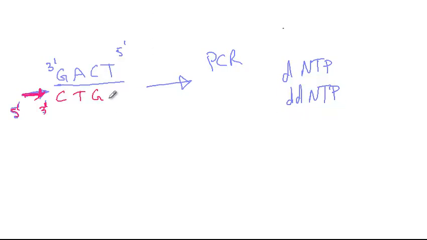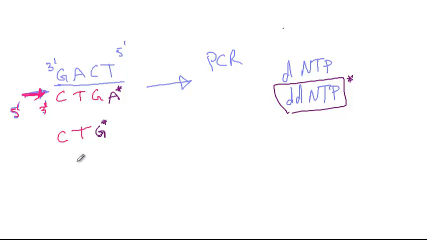Let's say that we get A. So that's one product that we got here. Now, what's the other scenario? We can have CT added, but then the third nucleotide is another ddNTP. Here, I'm going to show the ddNTPs with a star. And so the chain terminates right here. No more can be added because the 3' hydroxyl group is missing.